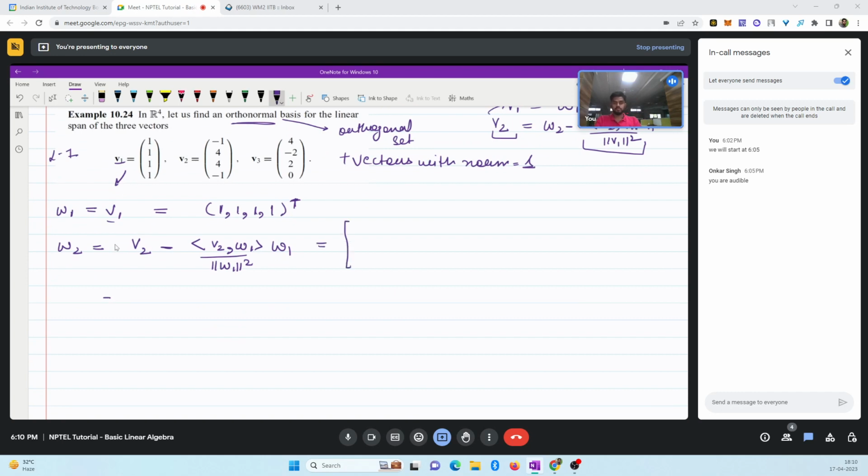Your v2 is given to be minus 1, 4, 4, minus 1. Now, if you calculate the dot product between v2 and w1, this is minus 1 plus 4 plus 4 minus 1. It would be divided by the norm of w1 squared, which is 4, and this is multiplied by 1, 1, 1, 1.